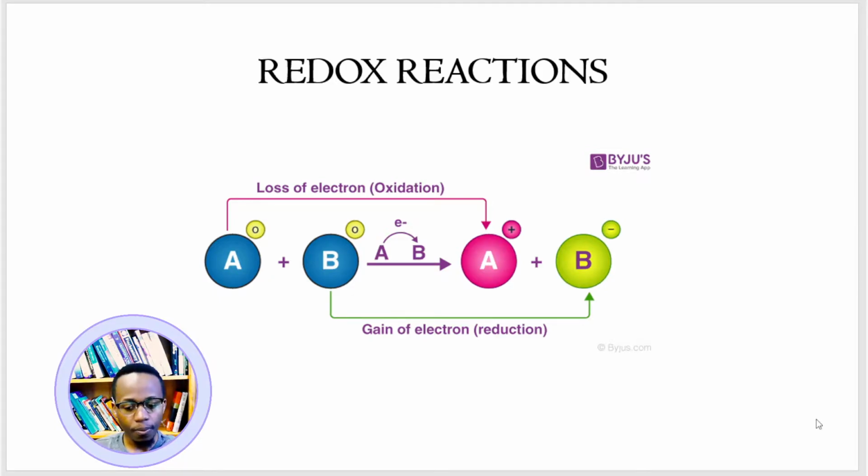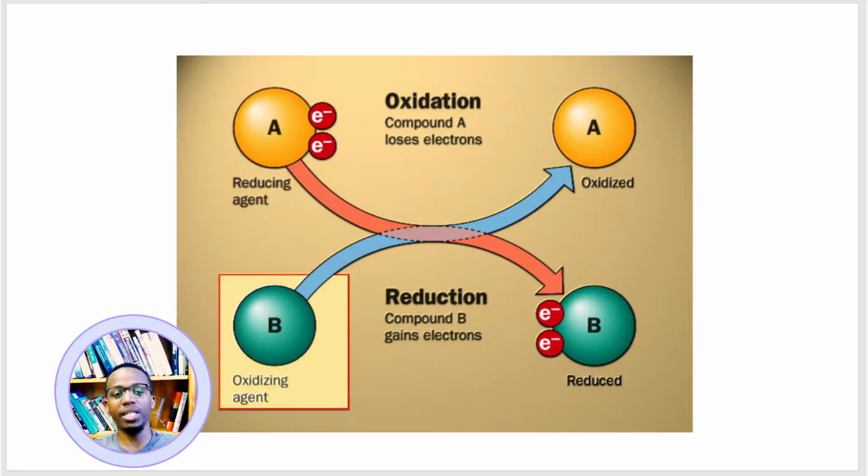So this is another way of representing it, and a lot of people get confused by this. So if you have oxidation, again, you have a loss of electrons, but the agent that's undergoing oxidation is called the reducing agent. The agent that's undergoing reduction is an oxidizing agent. And it is an oxidizing agent because even though it's undergoing reduction, it's oxidizing the other compound.